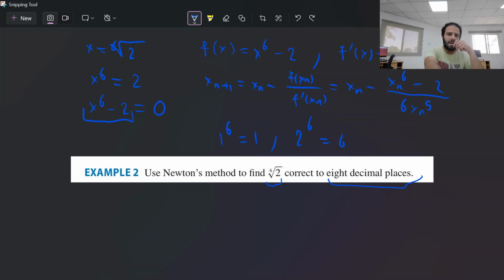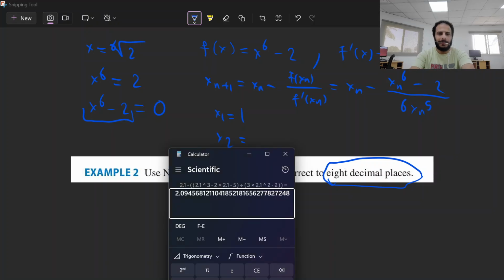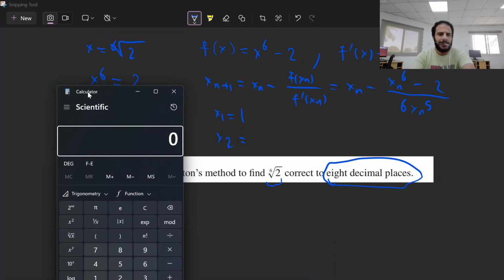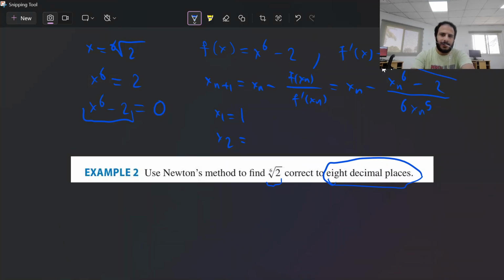Let's start with x1 equals 1 now. And then we start applying the formula. There is still another important idea that we need to explain: how to know whether the solution is accurate to 8 decimal places or not. While solving now, I will tell you. So x2 equals, let's use the calculator now. You substitute 1 in xn minus this.